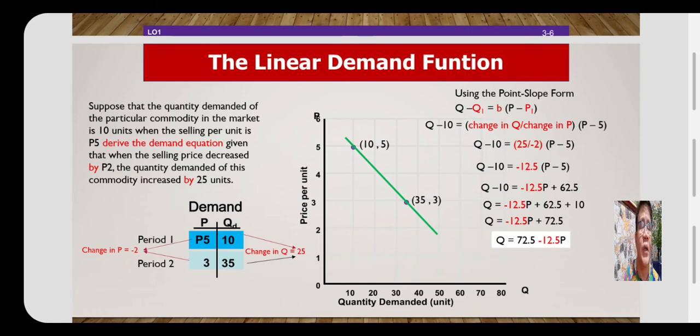And this serves as our demand equation. And what we have just used is the point-slope form of the linear equation, and we transformed it to the slope-intercept form.